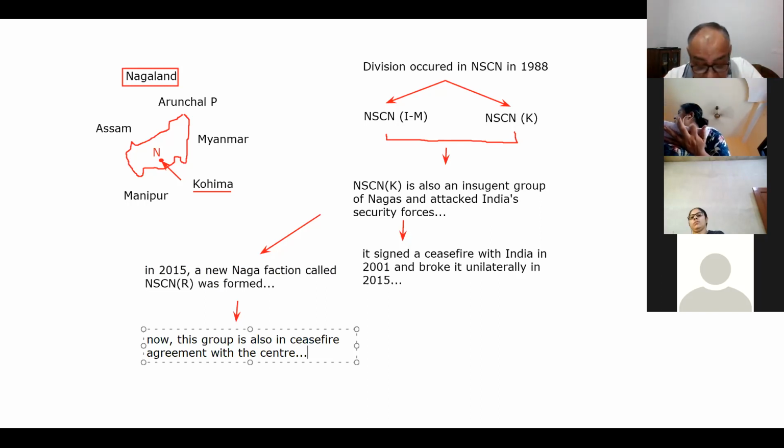Like in 1995, because what happened, the leaders, like Isaac Muiva, fled from the country. They took shelter in some other countries, like Muiva kept on operating from Thailand also, and Kaplan is already sitting in Myanmar.